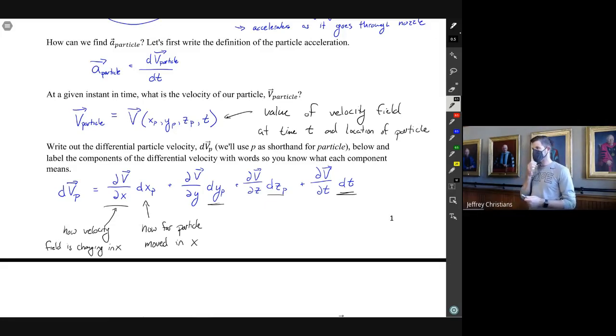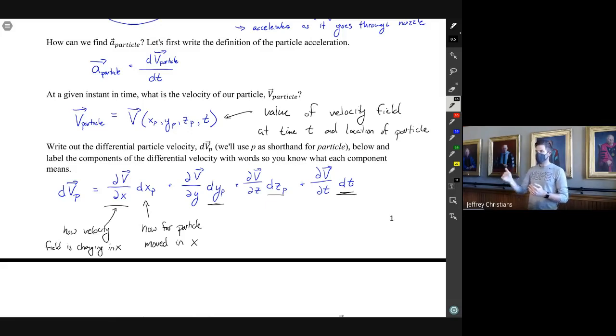Okay, maybe it's easiest to think about the last term, the change in time one. So if somebody's turning on the fire hose and the velocity is changing 1 foot per second every second, because somebody's opening the valve, and you took a picture and then you took a picture 1 second later, that's dt.